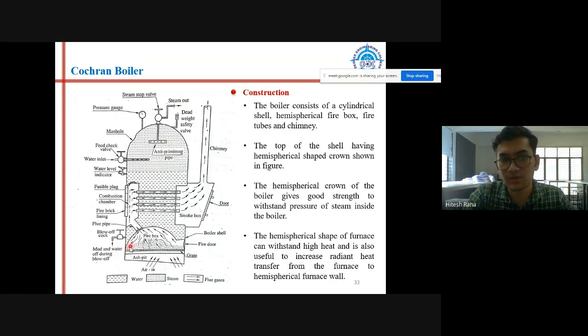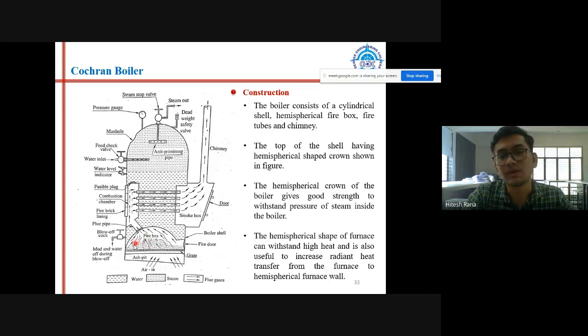One thing to note over here is that the shape of this furnace or firebox is hemispherical. Now a hemispherical shape has many advantages. It is stronger as compared to a circular, spherical or cylindrical shape.